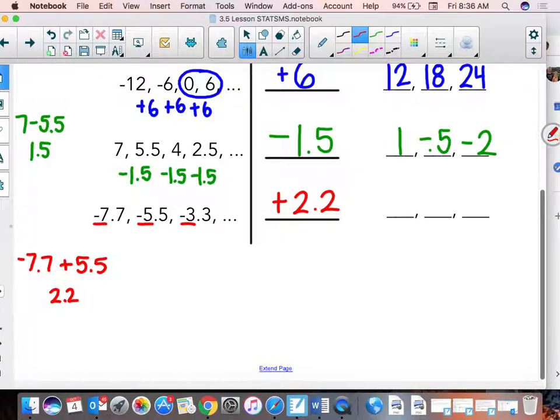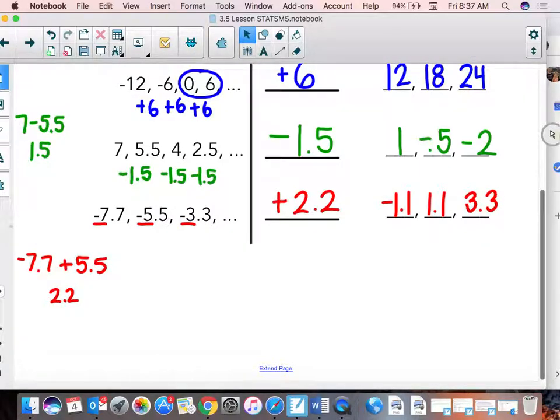Negative 5.5 plus 2.2 is negative 3.3. So then continue from there. Negative 3.3 plus 2.2 is negative 1.1. Plus 2.2 is 1.1. And plus 2.2 is 3.3.